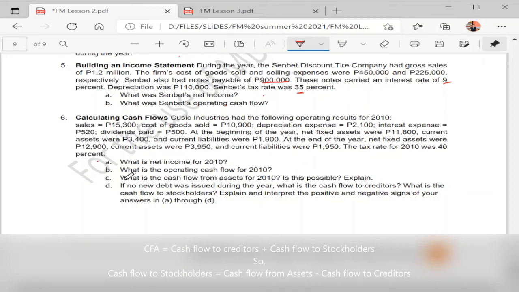And do we have CFA computed earlier? Have we computed our CFA earlier? Right? Our CFA is how much? Our CFA is negative 12.